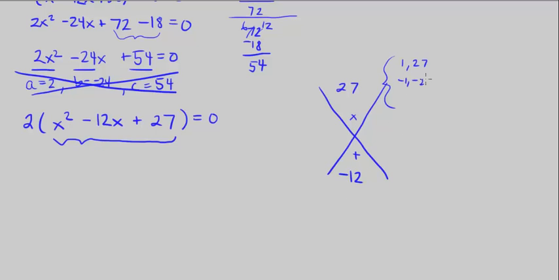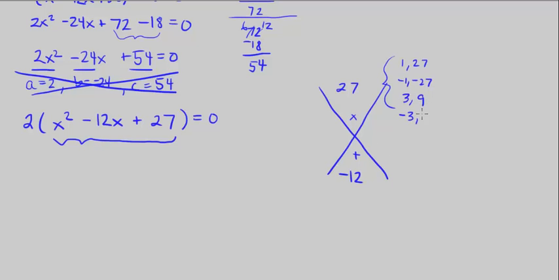Negative 1 and negative 27 multiply to get positive 27, but add to get negative 28, which is not negative 12. We cannot divide 27 by 2. It's an odd number. Well, how about 3? Well, 3 times 9 is 27, okay? But 3 plus 9 is positive 12.